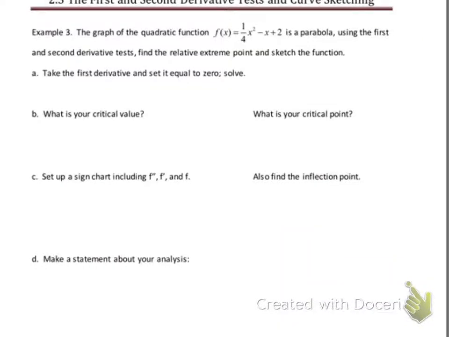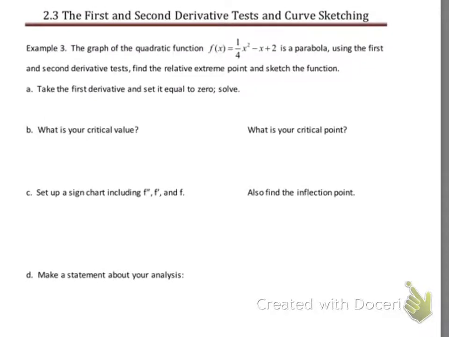Alright, in example number 3, they would like us to do a first and second derivative test. So the first thing we're going to do is take your first derivative, and when I take my first derivative, f'(x) will equal, let's see, 1/2 x - 1 looks like it.